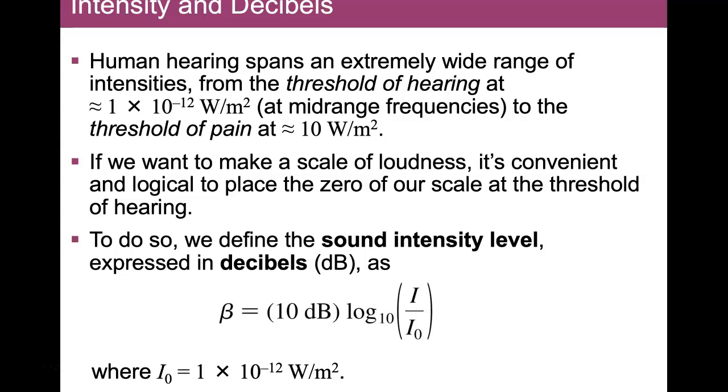So that's like a characteristic intensity for typical sounds that we hear. And then we divide this by that unit. So how many times larger it is than that characteristic intensity I naught. And one takes the logarithm in base 10 and then multiplies it by 10 decibels.